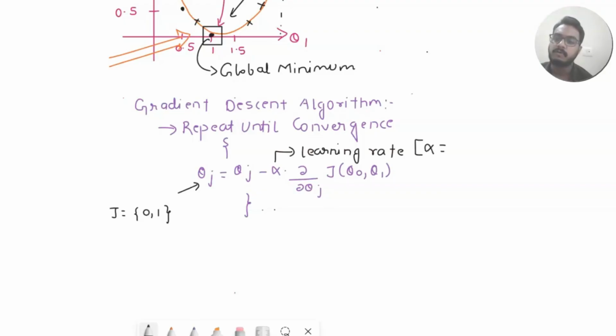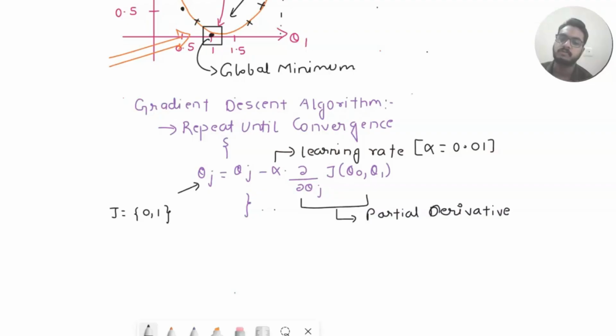Usually we take the learning rate alpha equal to 0.01, and this particular term is the partial derivative of the cost function with respect to the two parameters, theta 0 and theta 1, which is basically the slope in the direction of theta 0 and theta 1.